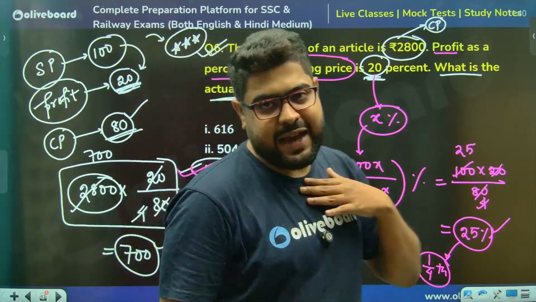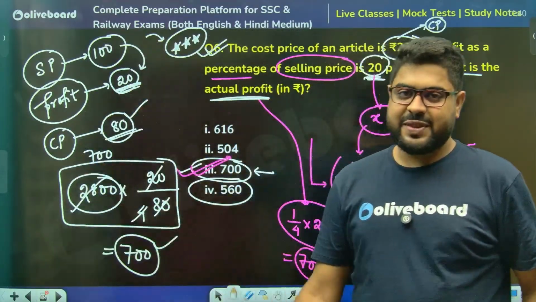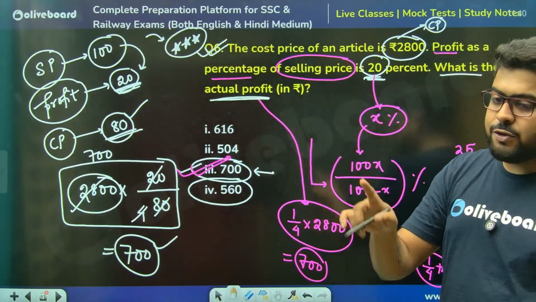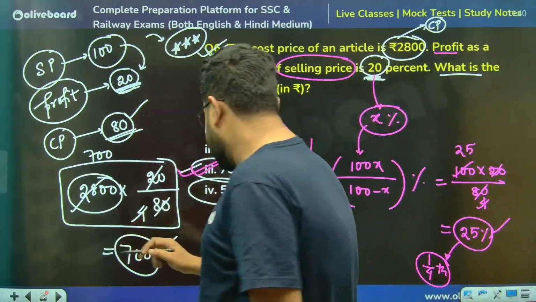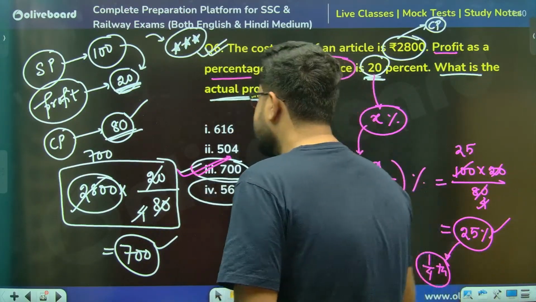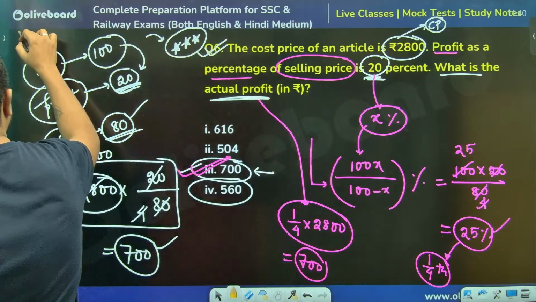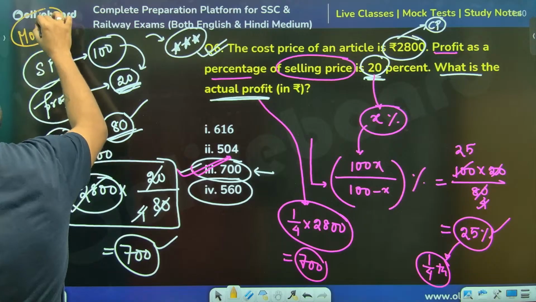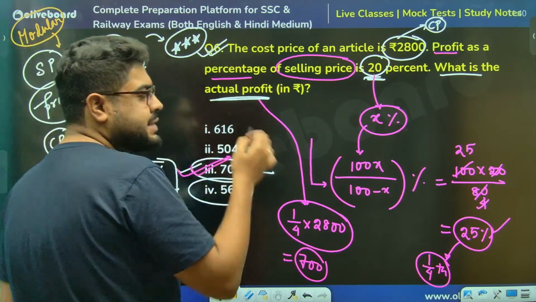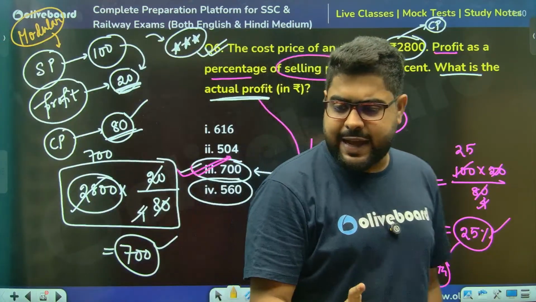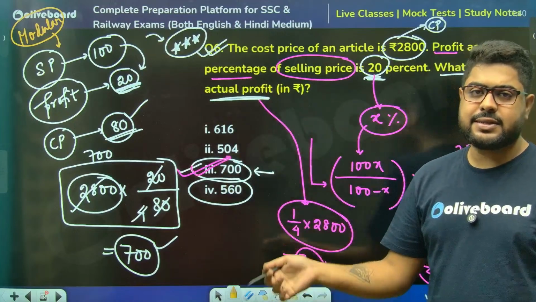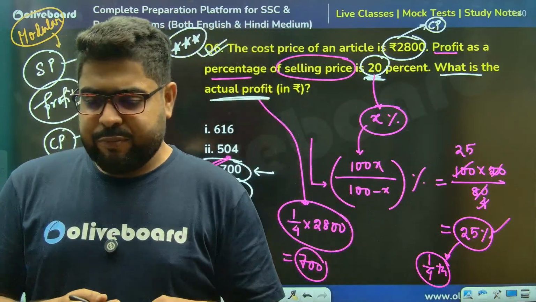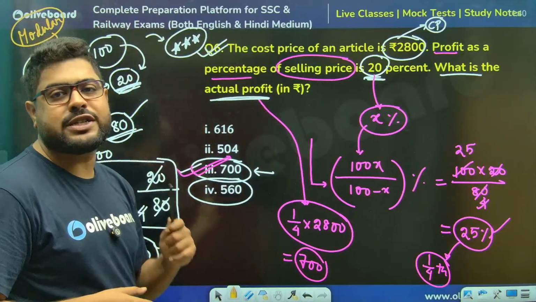If you ask me, I will say go with this method because this can be used everywhere. For those who don't know what this modular method is, it is actually an extension of the unitary method, nothing else. I have just mechanized it a bit. In your theory classes in this batch, I will definitely discuss this. But if you want the super elite version, go to my foundation batches.